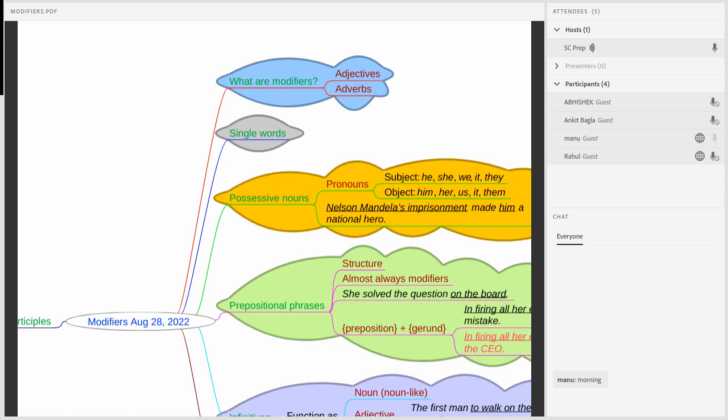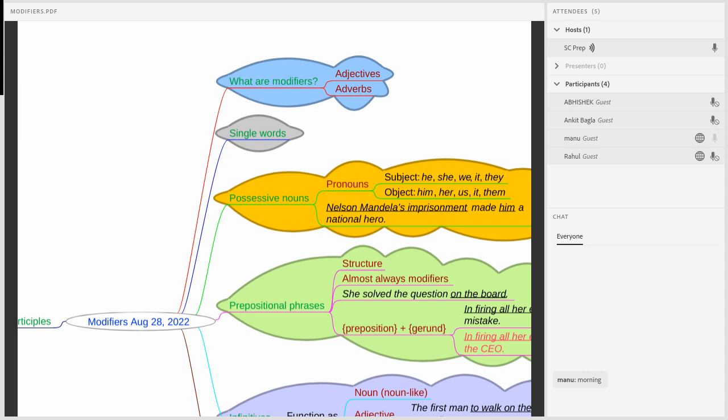Think of it this way: modifiers can be used to pad your sentence. The core of your sentence might be relatively simple, relatively easy to understand. But by adding modifiers into the sentence, you increase the complexity of the sentence. That can sometimes make it harder to spot other errors. And that is why modifiers are important for us.